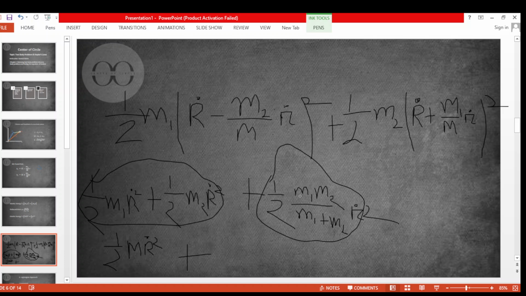We will be calling it reduced mass, denoted with the letter mu, mu r dot square. So now our final kinetic energy equation is half capital M R dot square plus half mu r dot square.